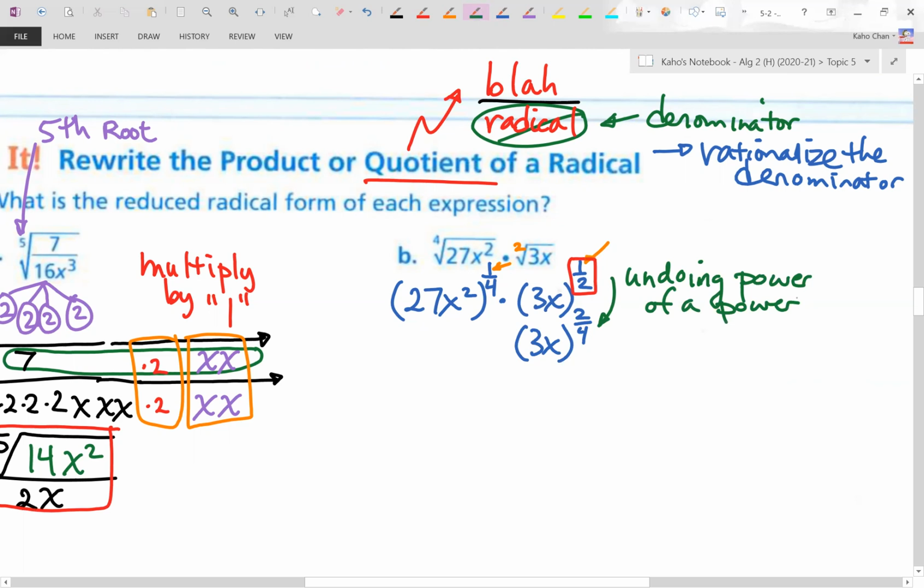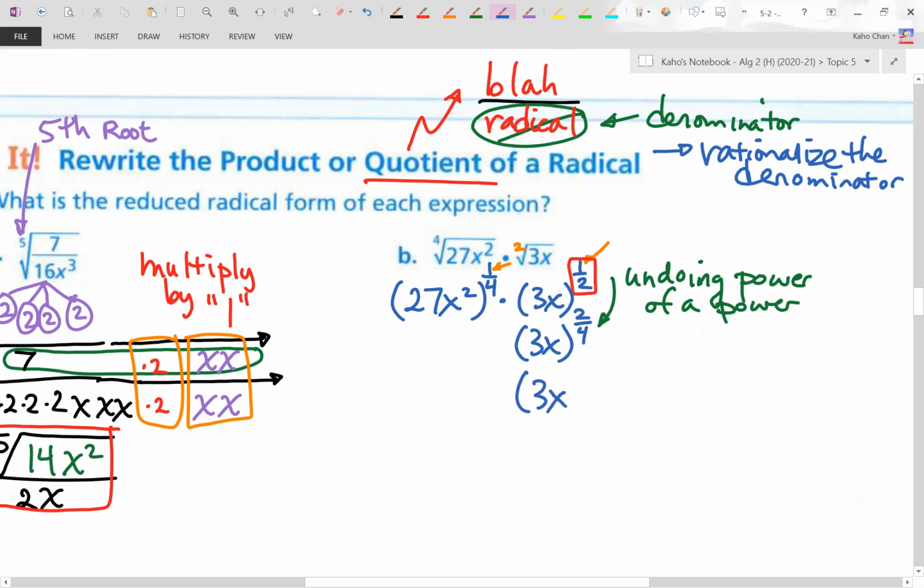It's like unreducing, right? And then I'm going to do something else to that. I'm going to undo power applying. Watch this. This is kind of strange.